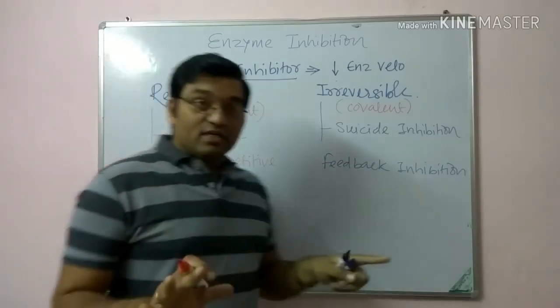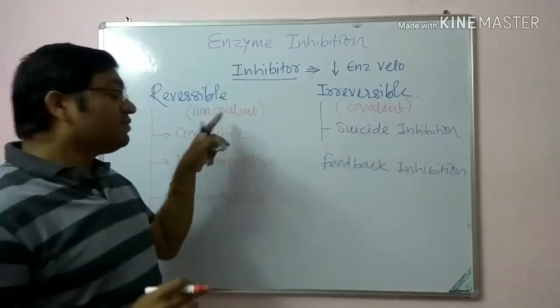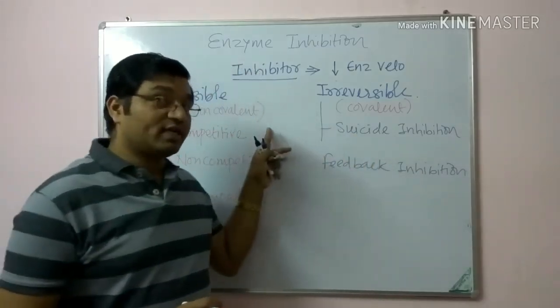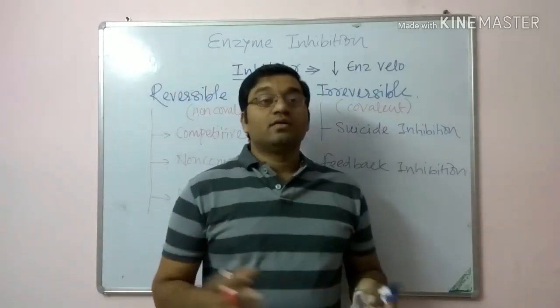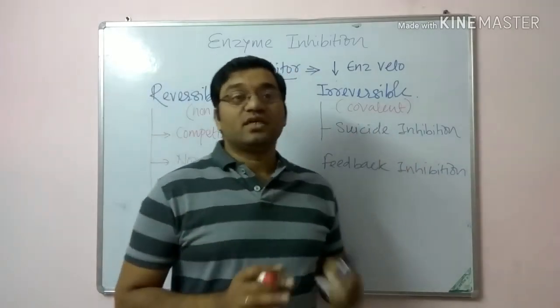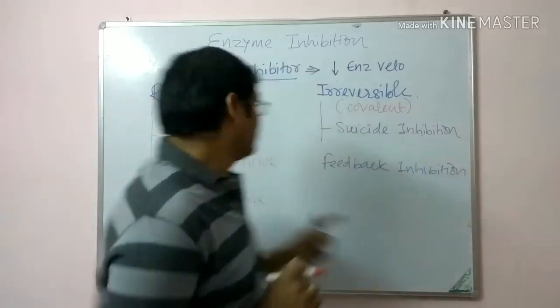Now the difference is clear. In reversible inhibition, the inhibitor binds with non-covalent interactions, that is weak forces, and in irreversible inhibition, the inhibitor binds with the help of covalent bonds. So it is irreversible because of distortion of the active site of an enzyme.